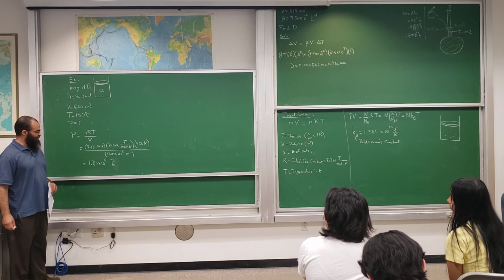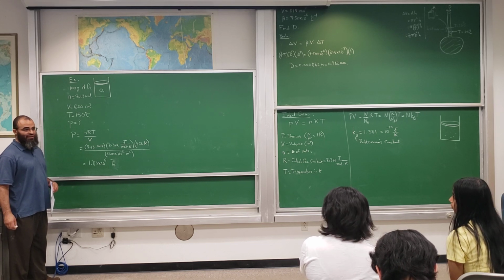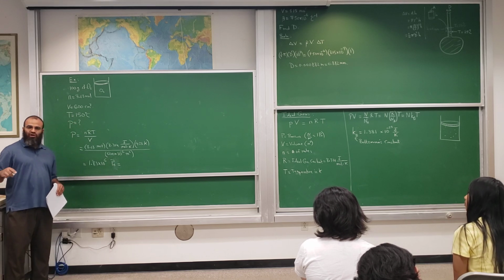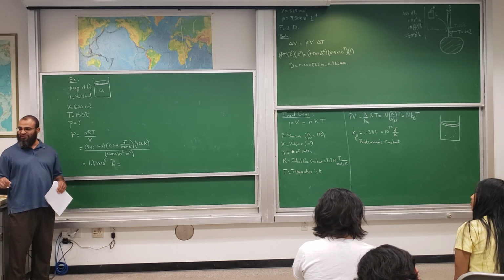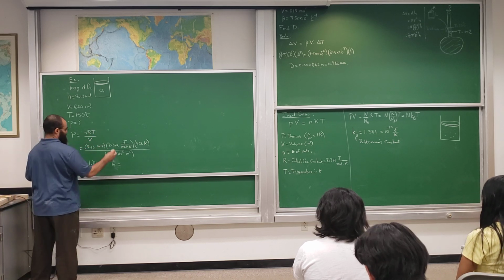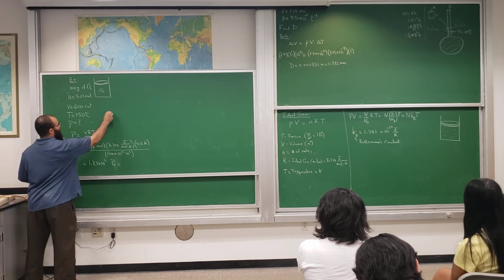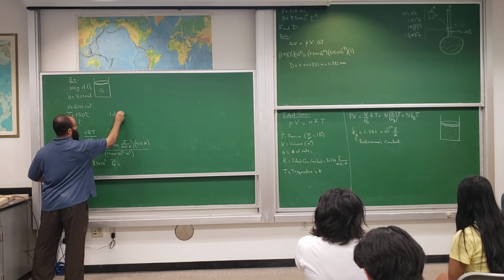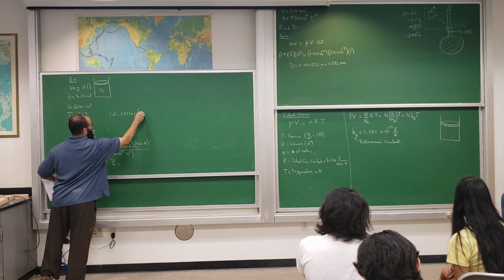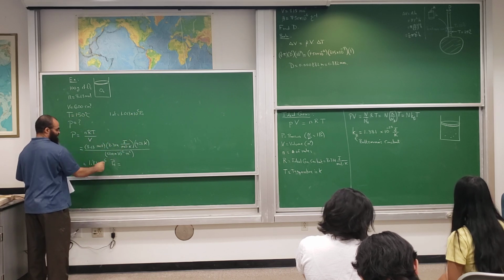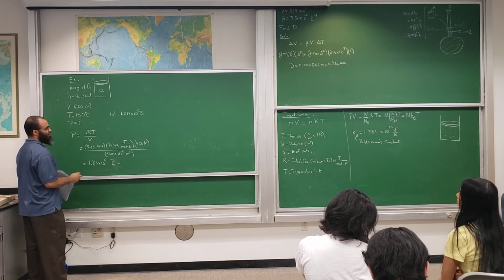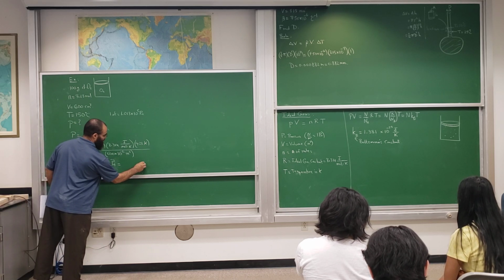And let's change it to atmospheres, just because. 1 atmosphere is 1.013 times 10 to the 5th pascals. So let me just say here, 1 atmosphere. So if we divide by this, we will get atmospheres. So how many atmospheres is this?